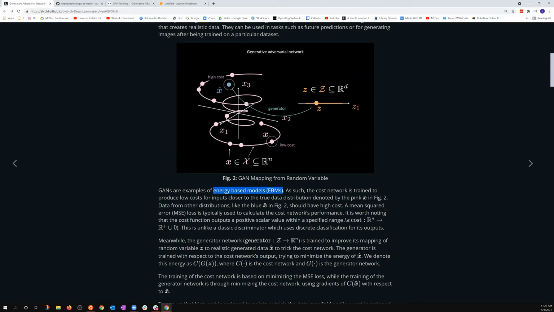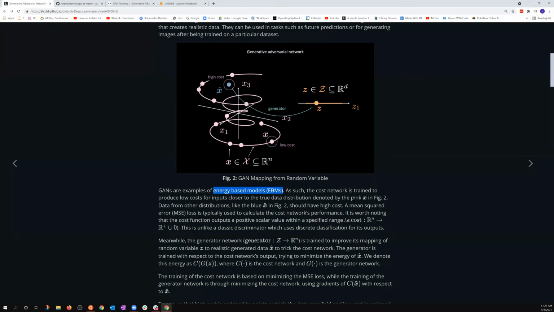Is there any difference then between energy and loss? Or does Jan LeCun just call everything an energy-based model and define energy such that high energy is high loss and low energy is low loss? I mean, it is confusing, but I think there is a difference. Basically, you don't do gradient descent during inference time.